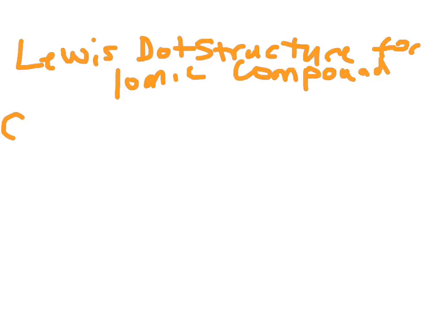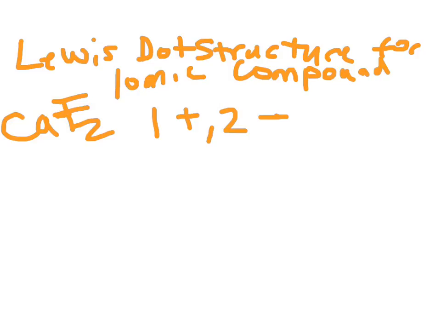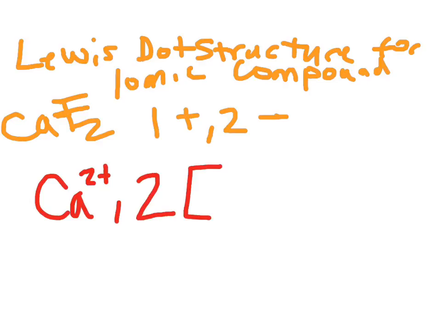If you have CaF2, you have one cation and two anions. So it would look like this: Ca2 plus, 2F minus. Remember, it has to have the octet.